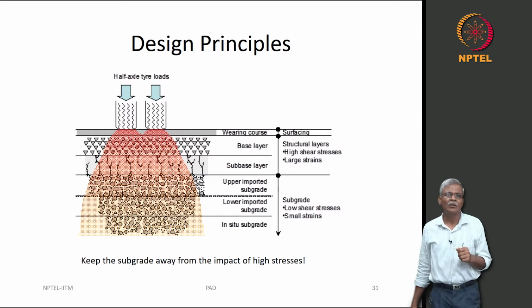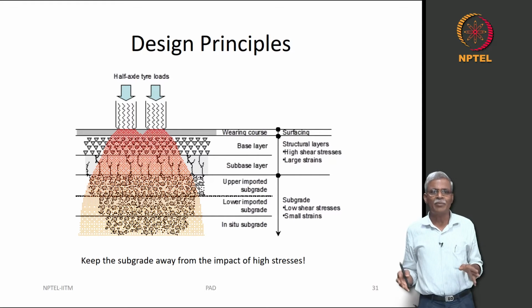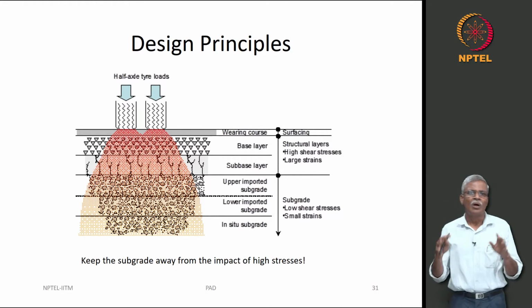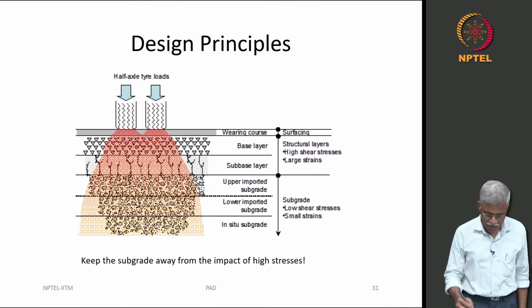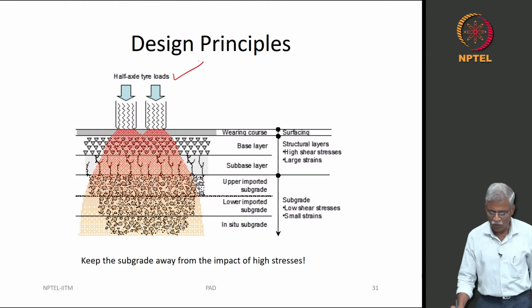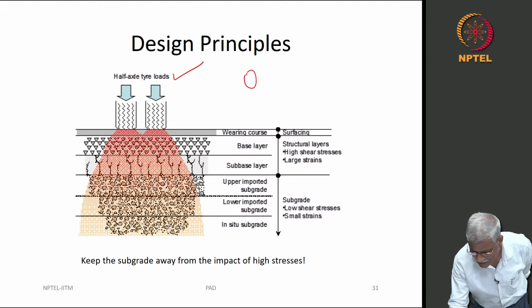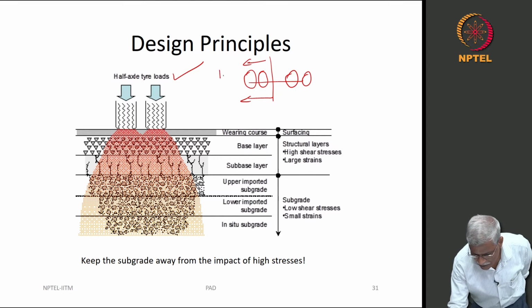Now comes the most important thing here. This is their schematic of how the stress distribution really happens. So, you can actually see the half axle tire loads. What they really mean by half axle is, if this is your single axle dual wheel, you call this a half axle.